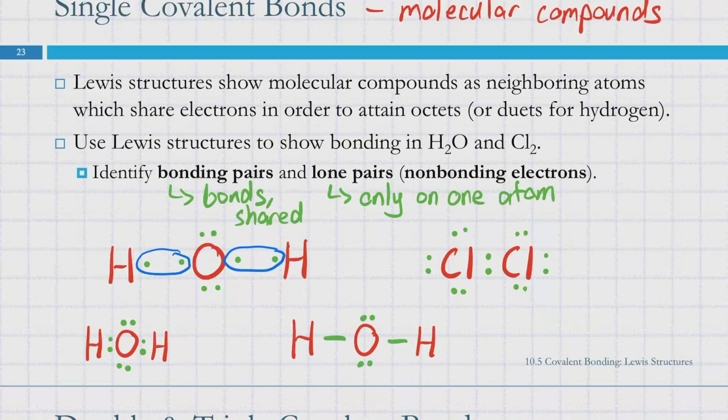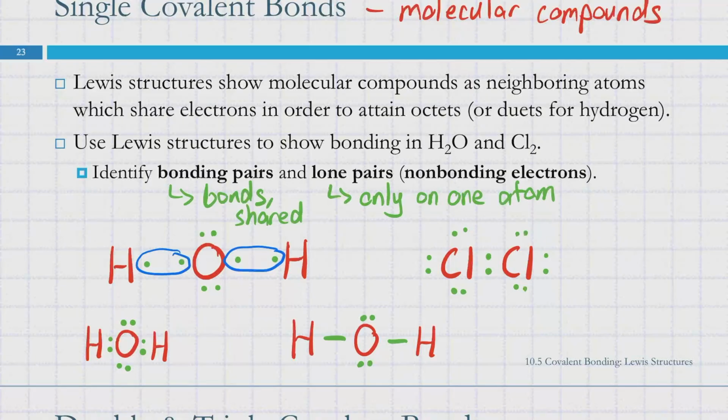So look at our octets for our H2O. Hydrogen, being so small, wants just a duet. It wants 2 electrons. Each of these hydrogens is right next to a pair of electrons, or when we draw it out with the lines, it has access to the 2 electrons in that pair, so it has a full duet. The oxygen, if we draw it with dots around it, has 8 dots around it.